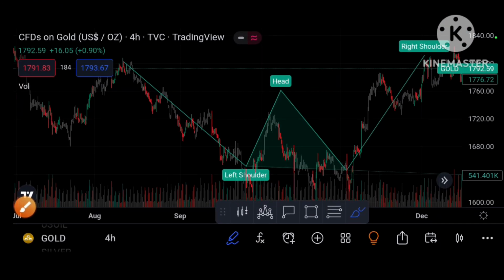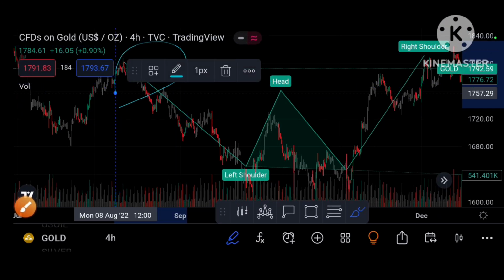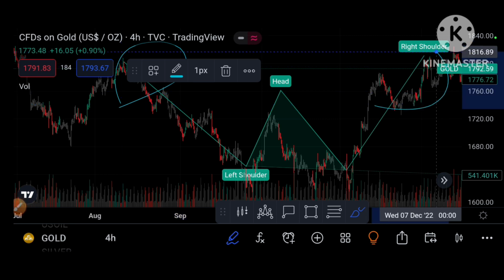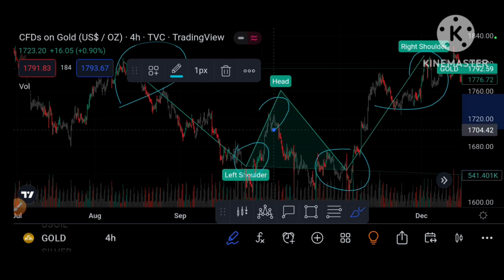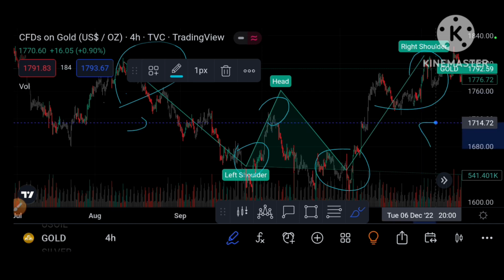Okay guys, and for you to be able to identify these areas right here, you first need to find all the areas that would make a head and shoulder pattern. For you to do this, you need to find the tops of the pattern, like here and here.